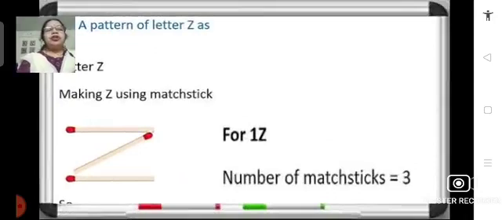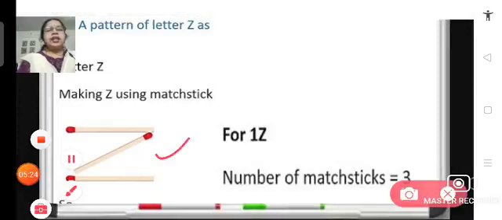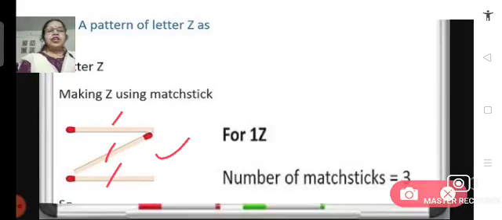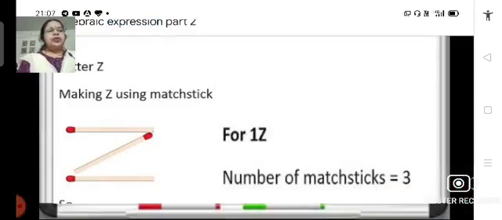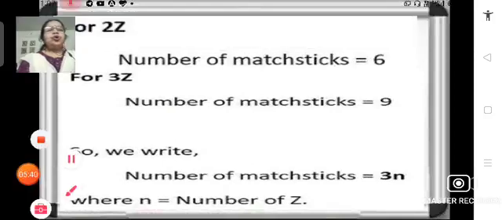The pattern of letter Z, like this. You can see how many matchsticks are used for Z. It is 1, 2 and 3, isn't it? For one Z, 3 matchsticks are required. Now let's see for 2 Z's, how many matchsticks will be required?